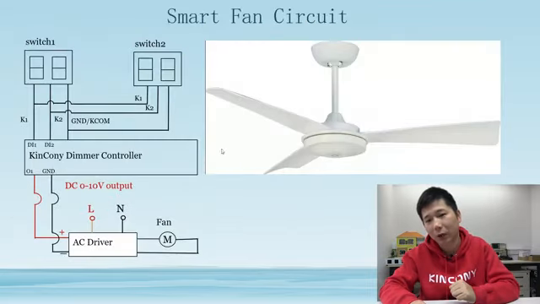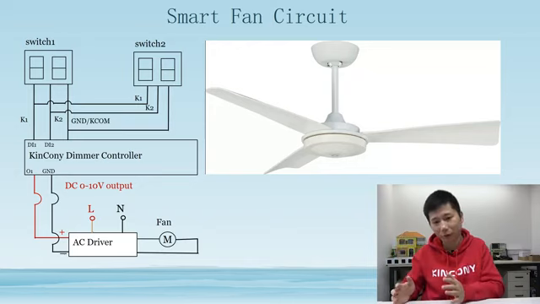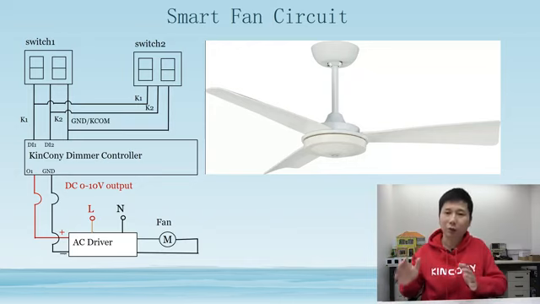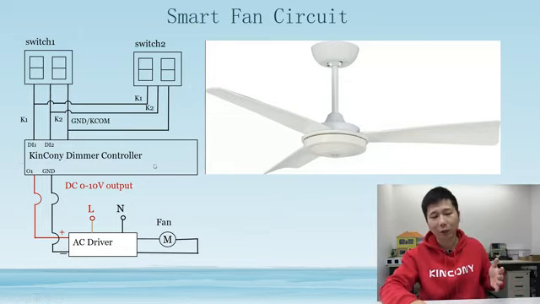You will see this is a ceiling fan, and this is a schematic for the simplest way to use a switch panel and a mobile phone to control this fan speed. This is the KinCony dimmer controller. You can choose any one according to your channel number.